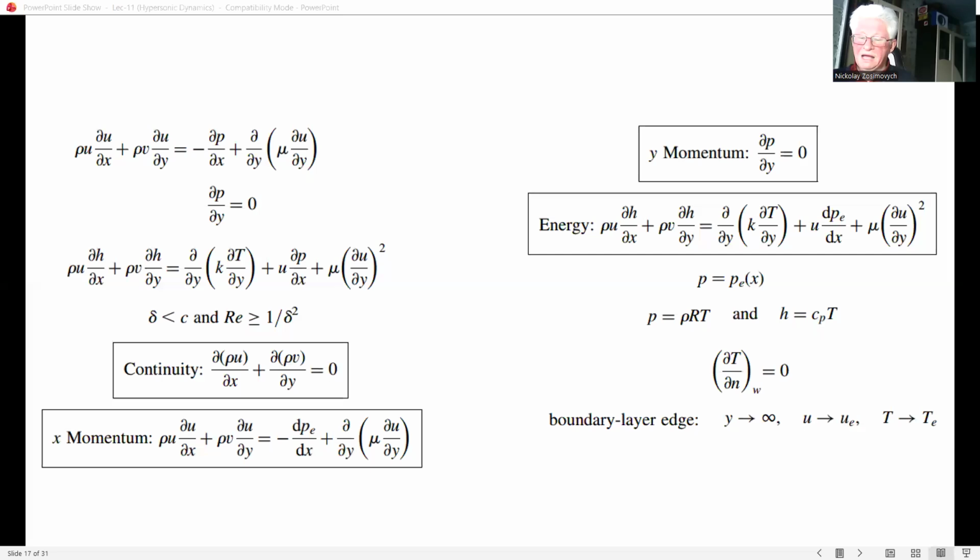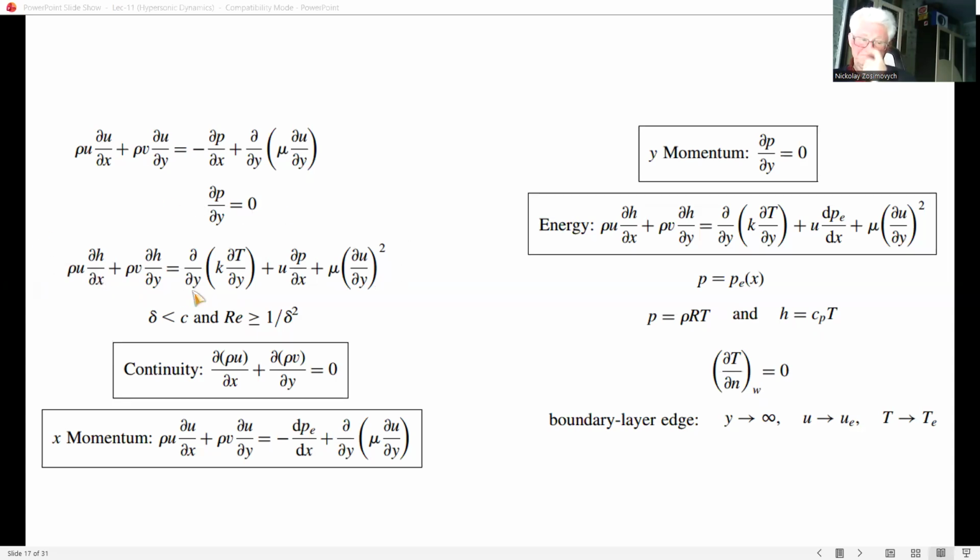So, inserting e as h minus p over rho in this equation, subtracting the momentum equation multiplied by velocity, and performing an order of magnitude analysis similar to those in the preceding, we can obtain the boundary layer equation in this form, as you can see in the middle of this slide.